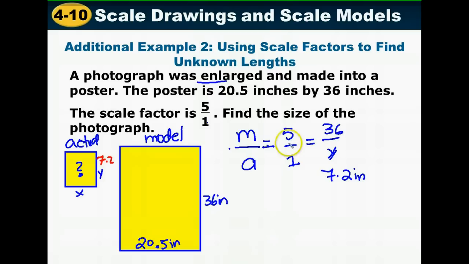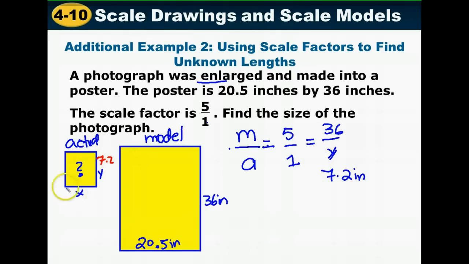Okay, so knowing that information, we can set up the proportion and figure out the width of the actual picture, the original picture. So this will be 5 to 1 equal to 36, which belongs to the bigger model, to y, which belongs to the little one that we do not know. And then we solve the proportion to be 7.2 inches.